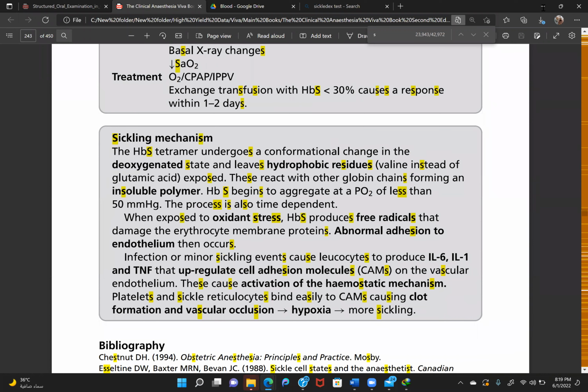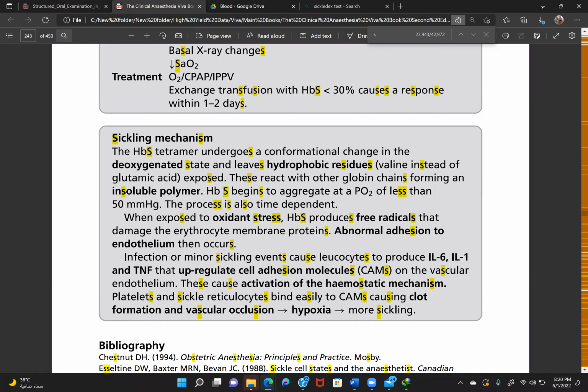They have just told you the sickling mechanism. The hemoglobin S tetramer undergoes a conformation change in the deoxygenated state and leaves hydrophobic residues, valine instead of glutamate, exposed. These react with other globin chains, forming an insoluble polymer. Hemoglobin S begins to aggregate at a PO2 of less than 50. The process is also time dependent.